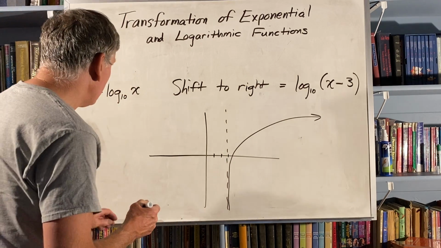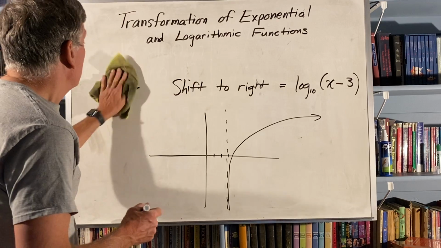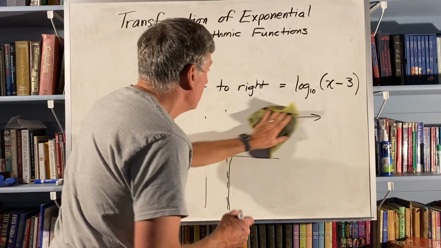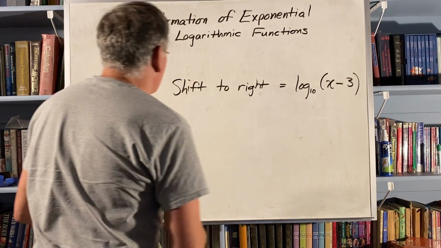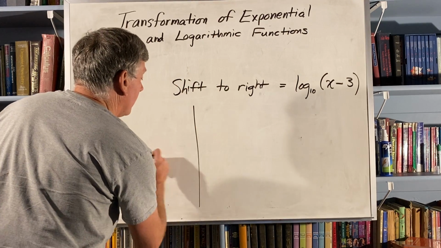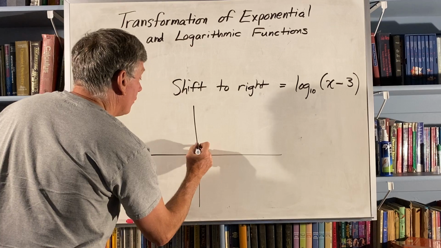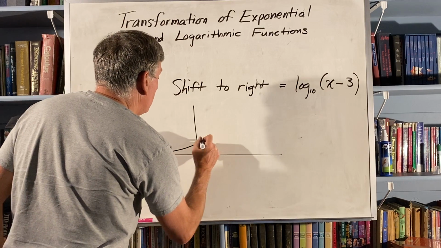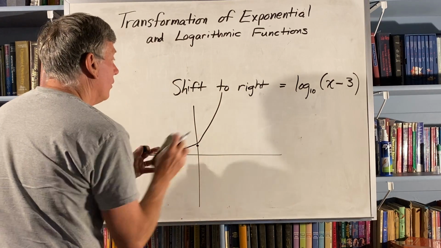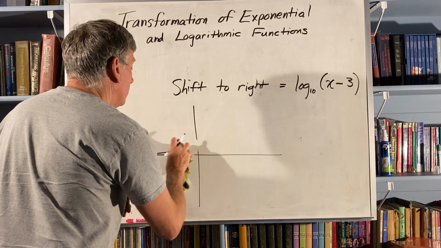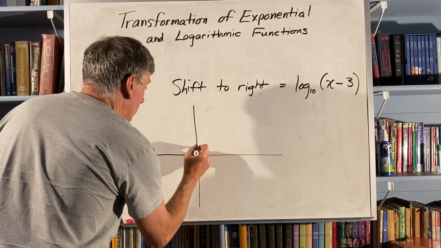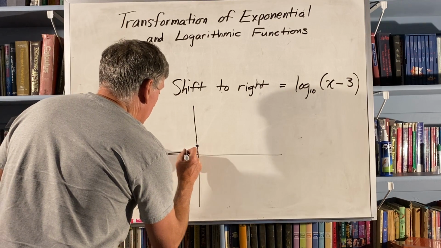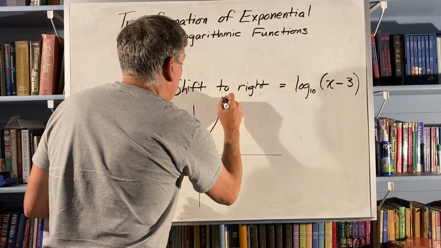Now with an exponential function, here's my exponent function going through 0, 1. Let me draw that a little better. Like that.